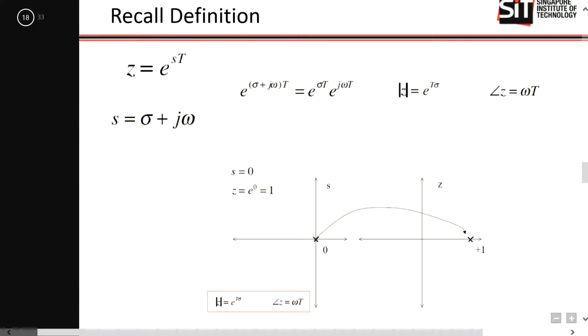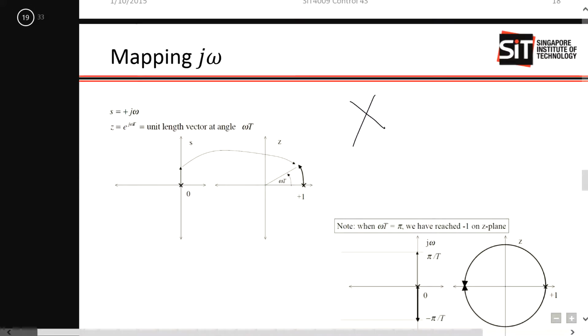But S equals sigma plus j omega, real and imaginary, we can still take. Now, the understanding is that, let's say I plot this point over here. As I plot, I will go and turn in this manner.